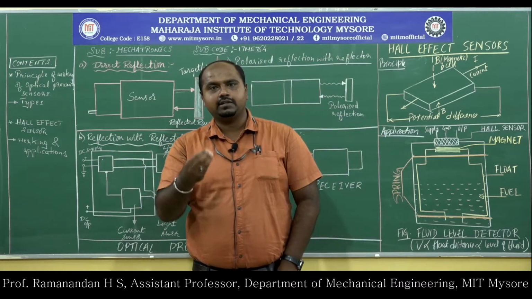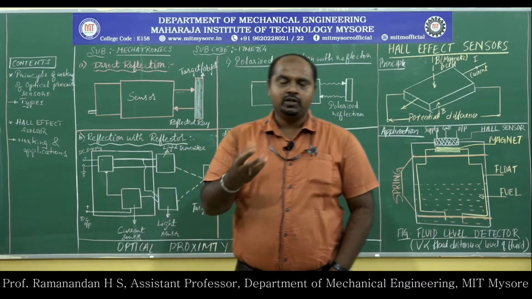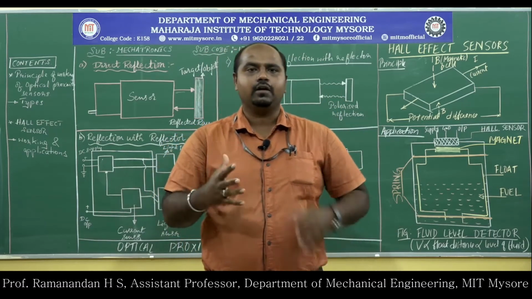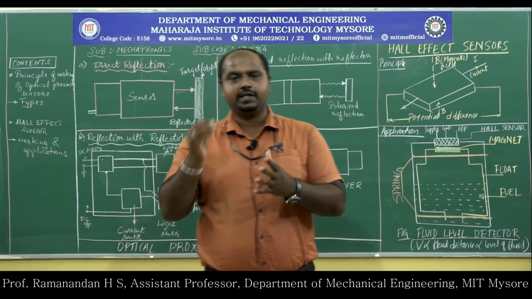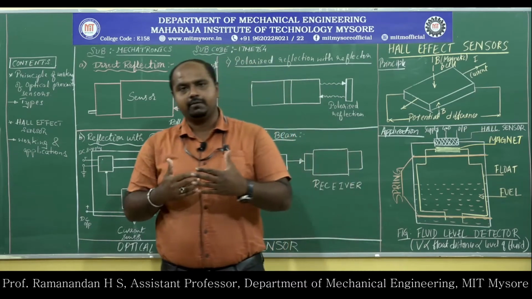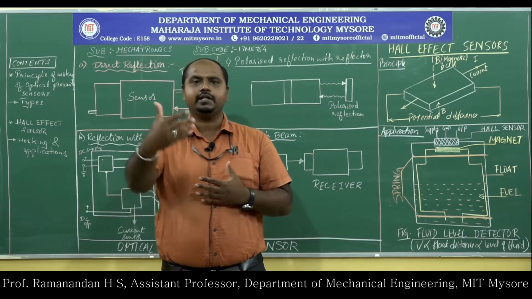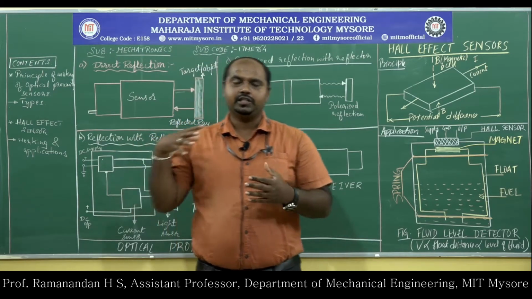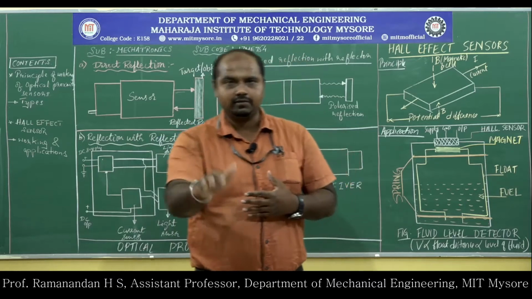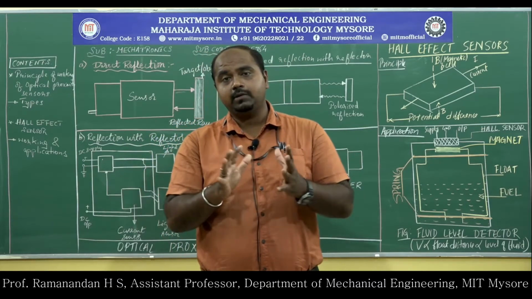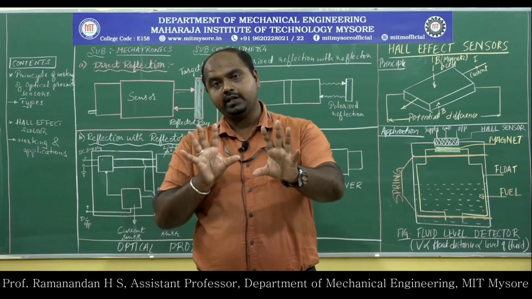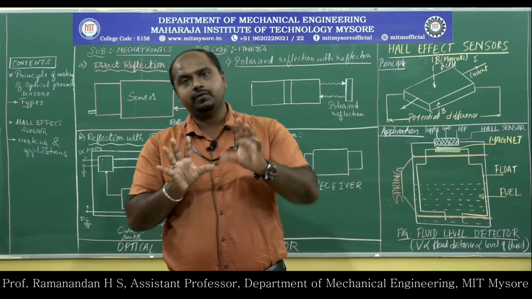Because light doesn't behave the same way. Incident light may be reflected by a reflector. Incident light can be scattered by the target particle. Incident light can be refracted through a medium. When light is emitted as an input and you want light as an output, these are the few possibilities.